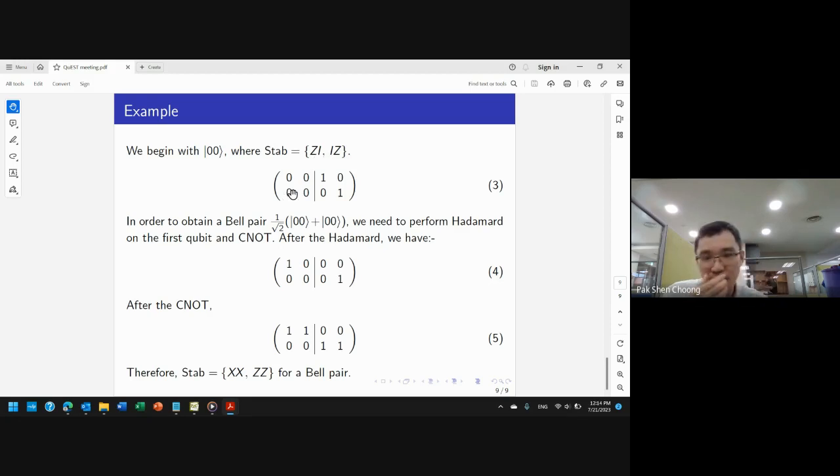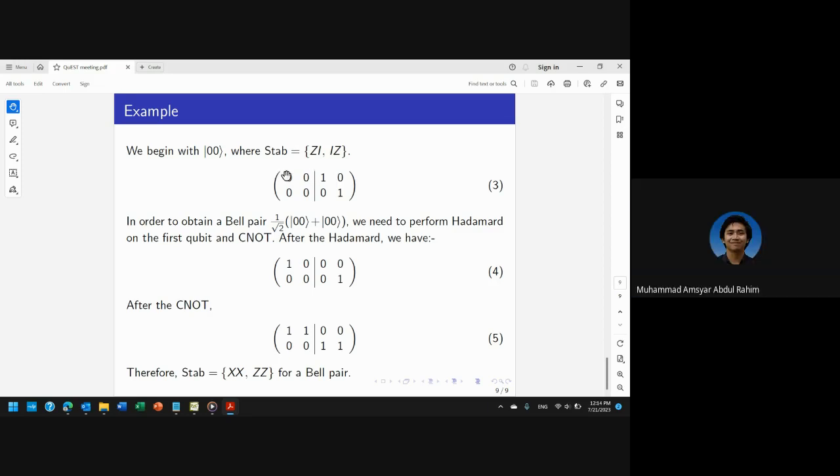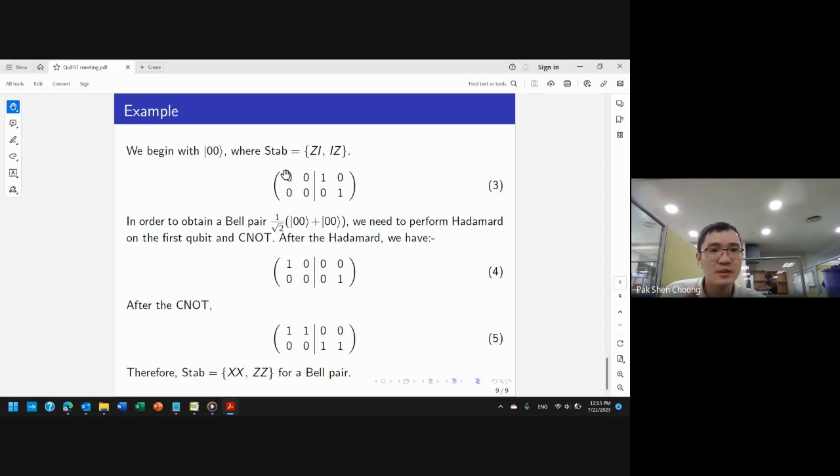If let's say your stabilizer has XY, for example if the first one is Y, then this has to be 1 as well, because of the Pauli matrix. When the first row is 1, you actually have Xi, and the second part is Zi.